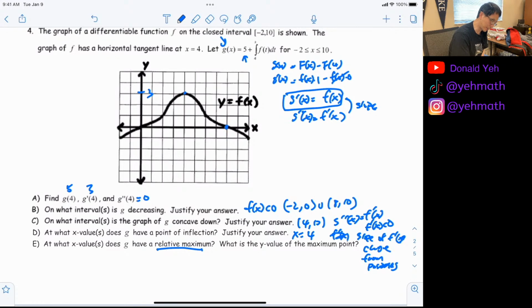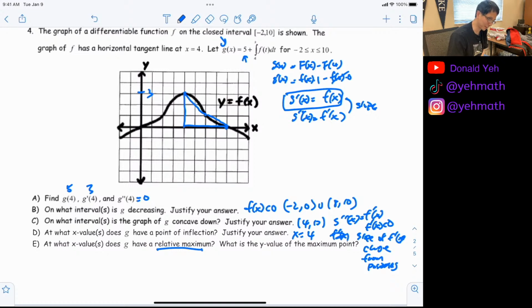So what they did is they took into account this area here. There's a little bit of overlap and underlap, and they kind of cancel out each other. So I think they got the answer, really close to something like 6.